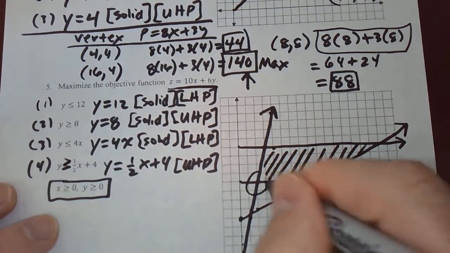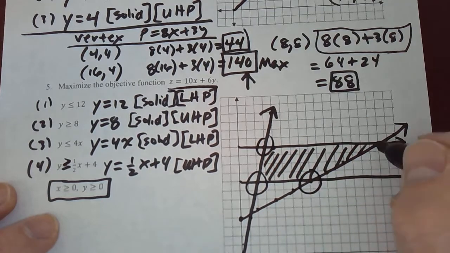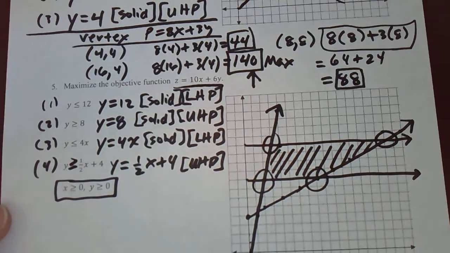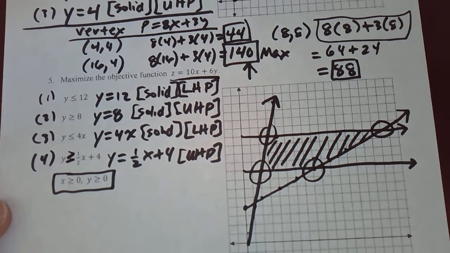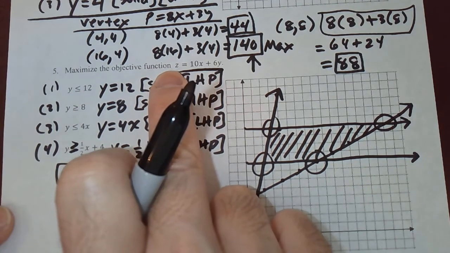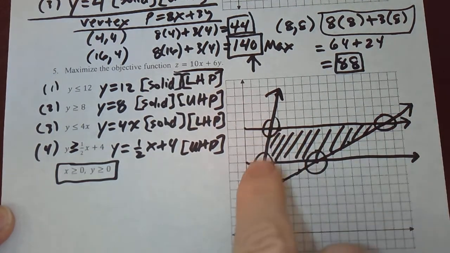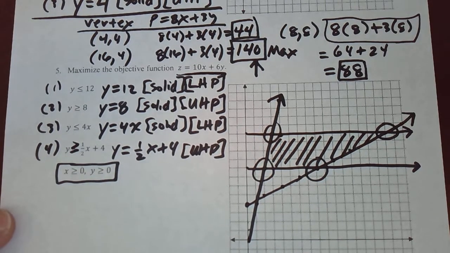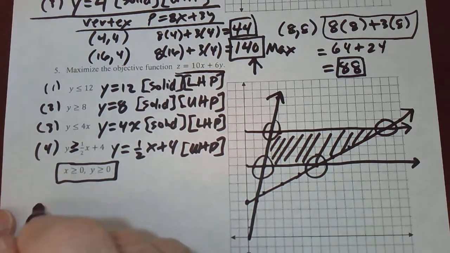So that means we have 1, 2, 3, 4 corner points, 4 vertex points, for which I'm going to make a table so we can figure out the z, this function's value, at each one of these 4 points, and we'll choose the one that is the largest. So let's write down our table.